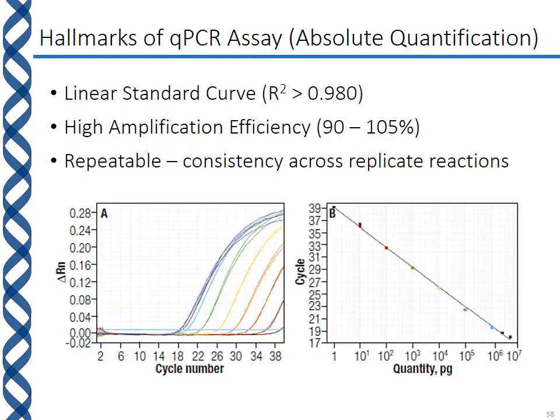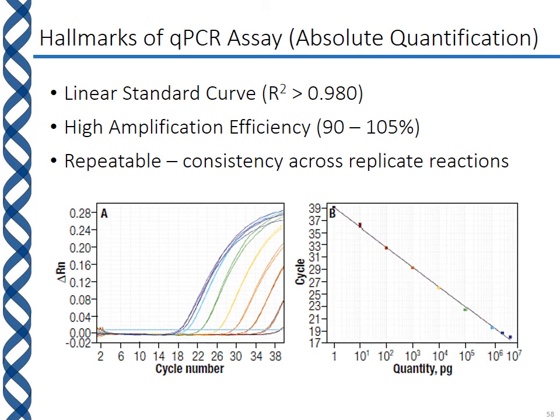So if we take the results from the graph on the left, which is similar to the one we saw on the previous slide, and plot those on a linear log graph, as opposed to log linear, such as the one we have on the right, we can establish a linear standard curve that allows us to back calculate the amount of DNA in the original template solution.